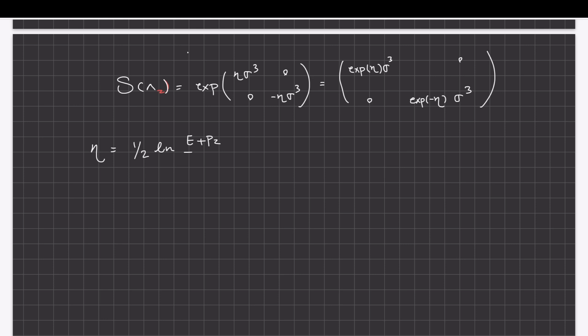And the rapidity definition is 1 over 2, the logarithm of energy plus pz, energy minus pz. So if pz is that axis, if we want to generalize it, E plus the magnitude of p and E minus magnitude of p, in that particular frame of reference. And you're going to see why this logarithm definition is here, basically, because there is an exponential here.